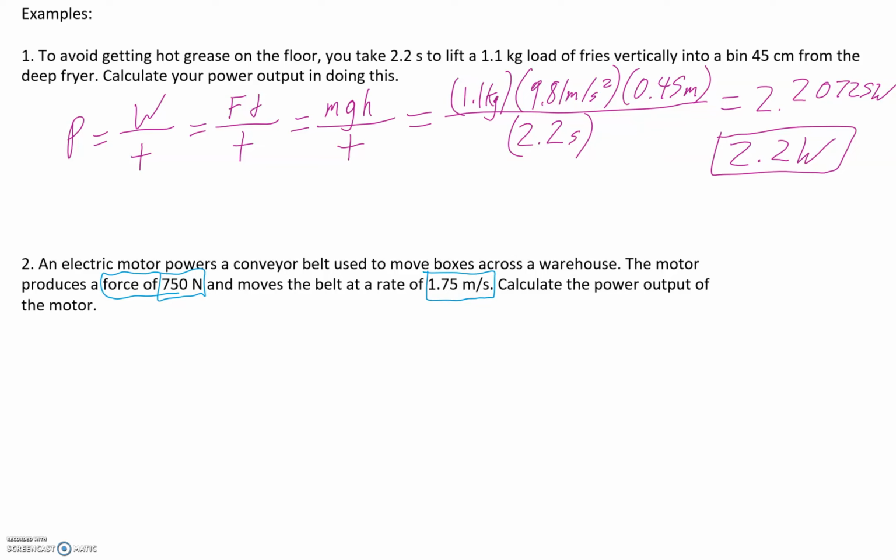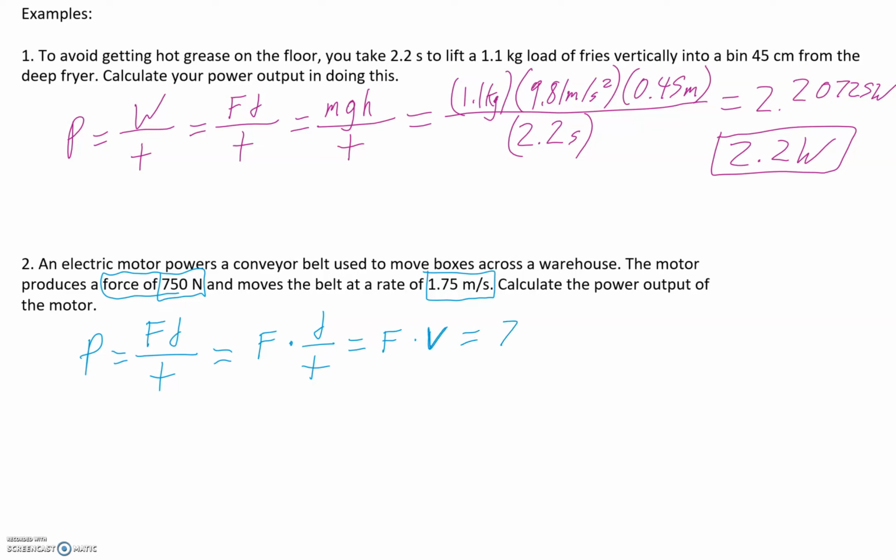Calculate the power output of the motor. Power equals force times distance over time. I just want to point something out to you guys. This is force times distance over time. What is distance over time? Velocity. So force times velocity is our power.